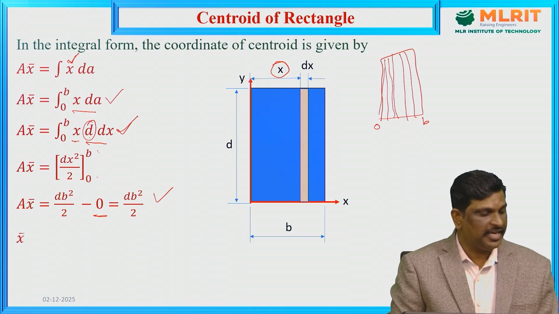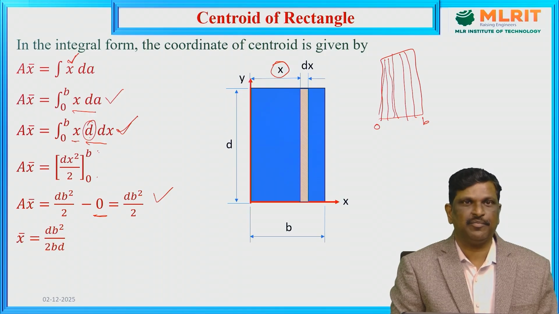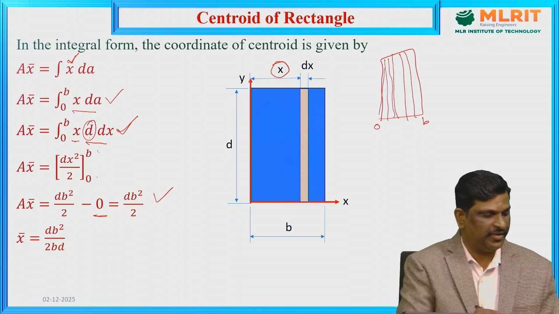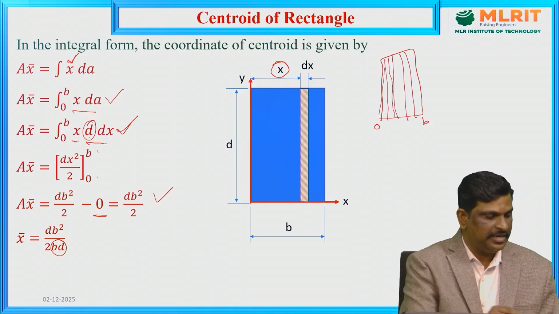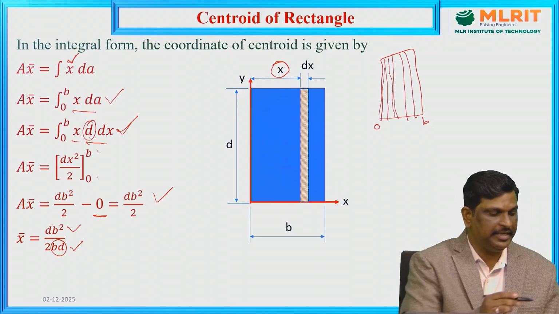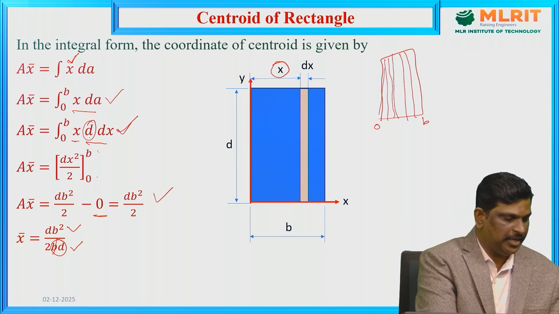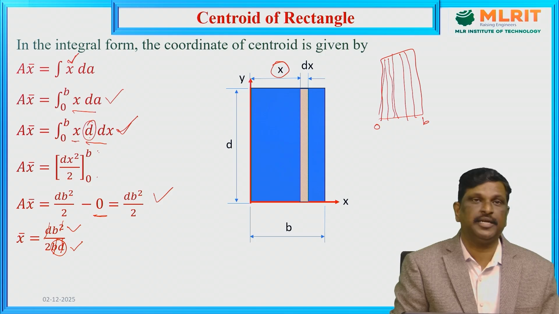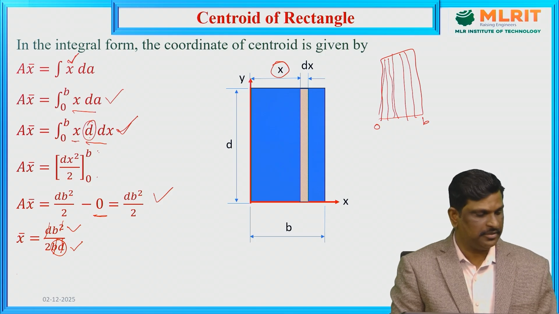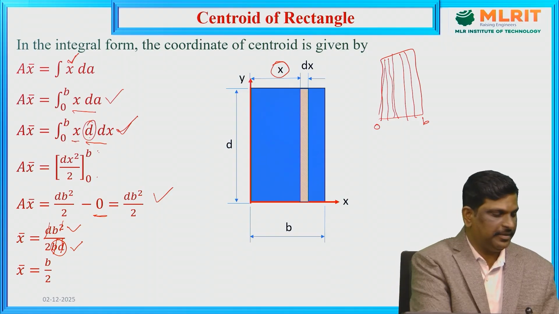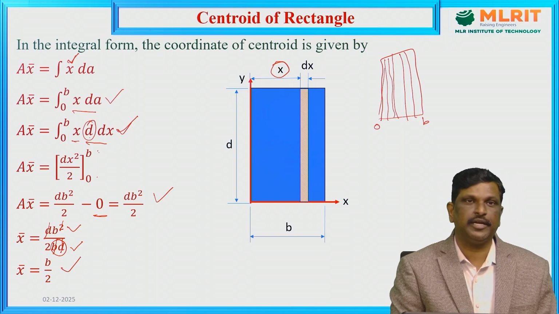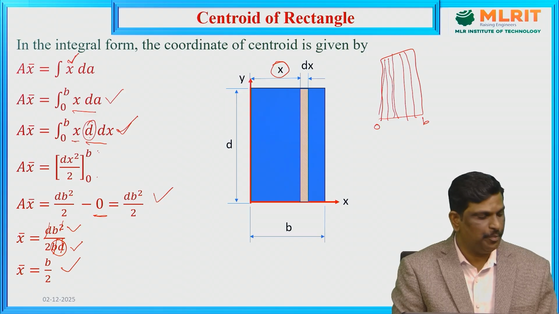Now, x bar is equal to d b square by 2A, where A is BD, area of the rectangle, so d b square by 2bd. Here b and one b are cancelled and d and d are cancelled. The final formula for finding the x coordinate of centroid of rectangle is b by 2.